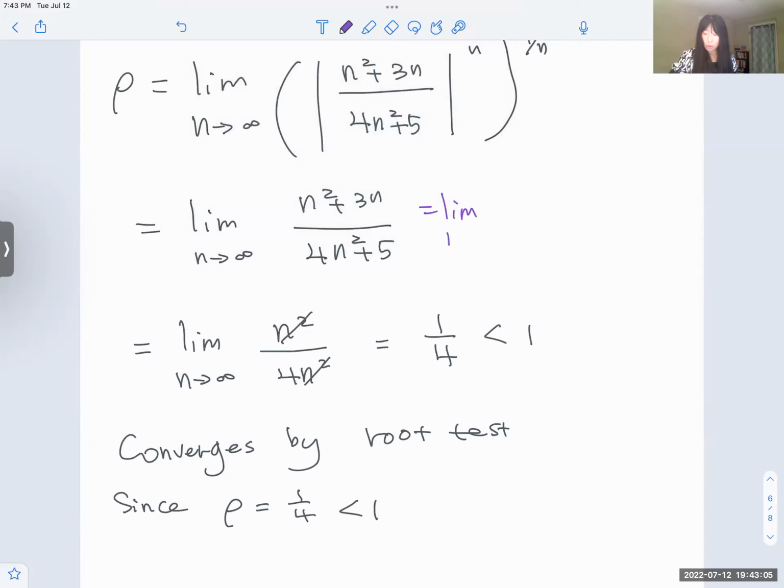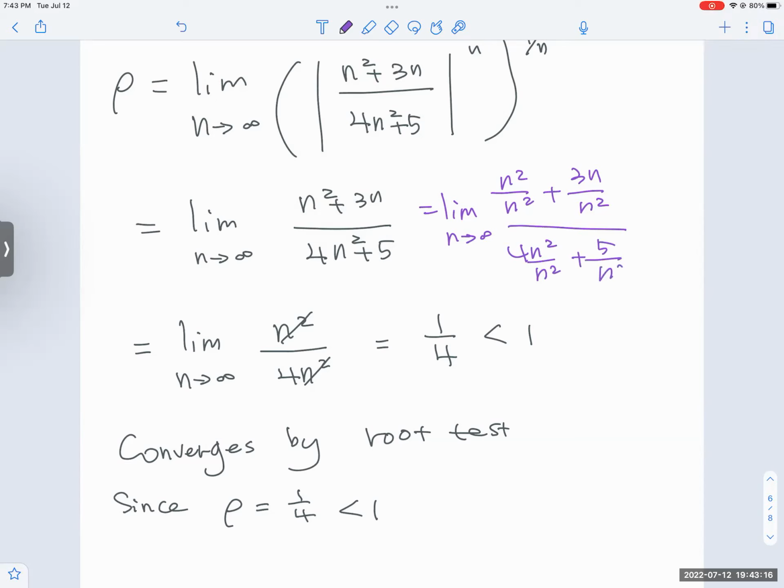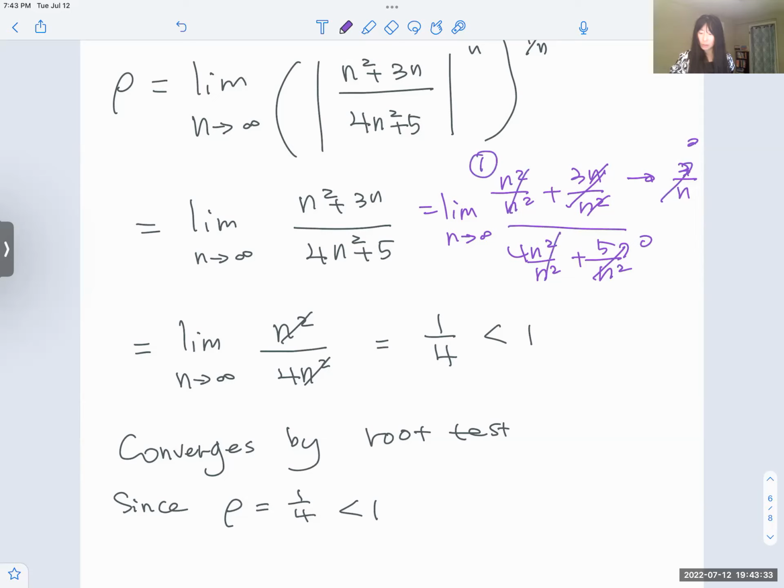So when n approaches positive infinity, those terms go to 0, this is 1, and this is 4, which is 1/4. But I gave you a tip, just take the dominant term. That's easy. Yes, I think so.